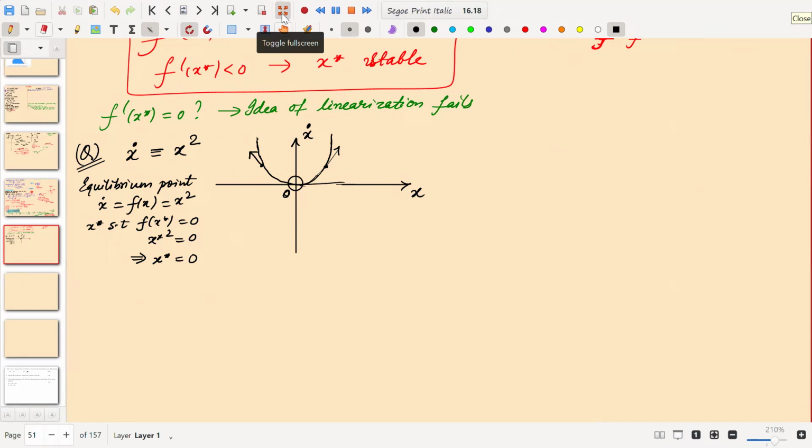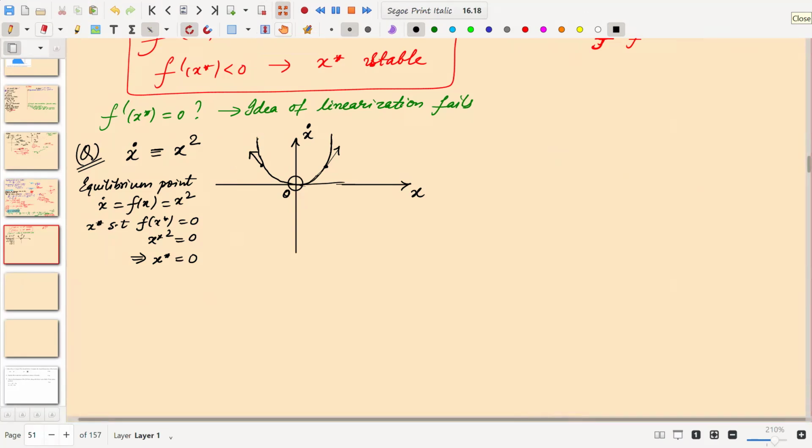For x greater than 0, the tangent is positive. Tangent is nothing but the derivative. On the positive side of the x-axis, what is the slope, positive or negative? Positive. Why is it positive? Because it is making less than a 90-degree angle. Now, if it is positive, the trajectory should move close to the equilibrium point or away?